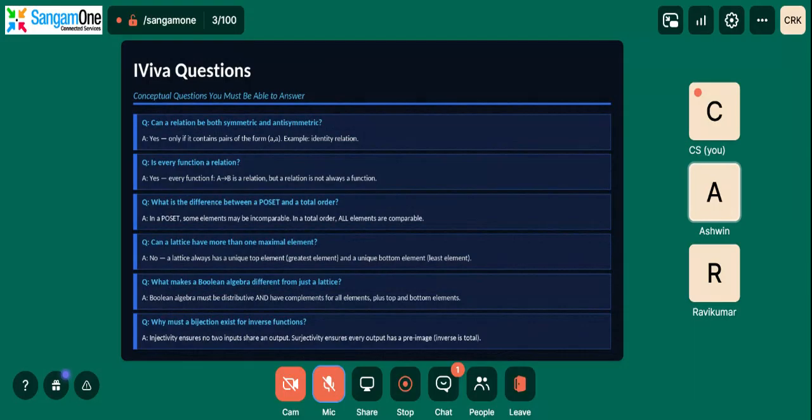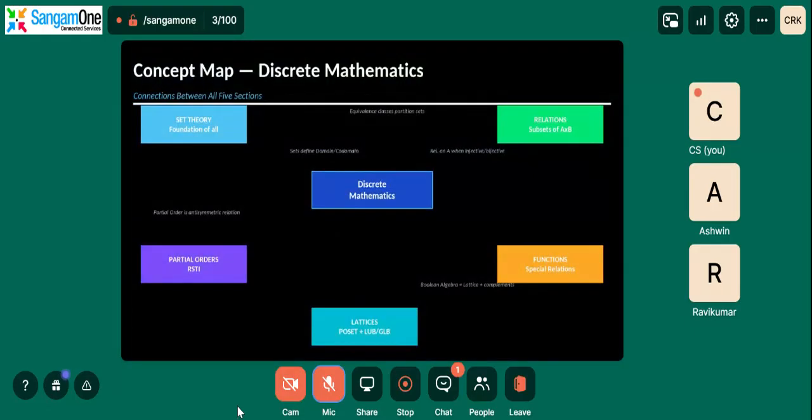These are the viva questions you can just remember. Then the concept map: discrete mathematics has set theory and partial order. This is a sub-concept, and this is the main concept for today's session.